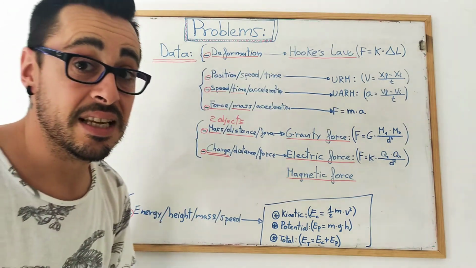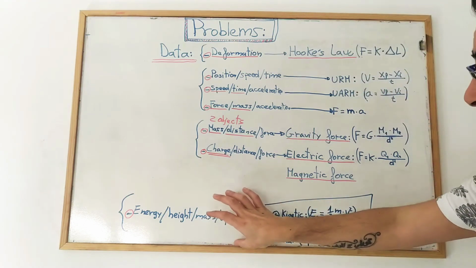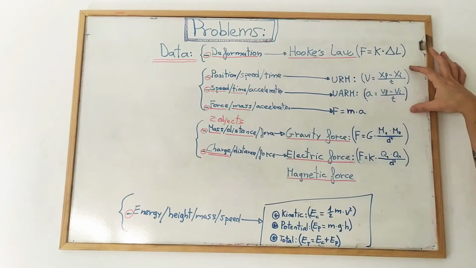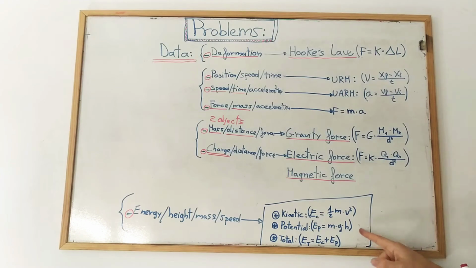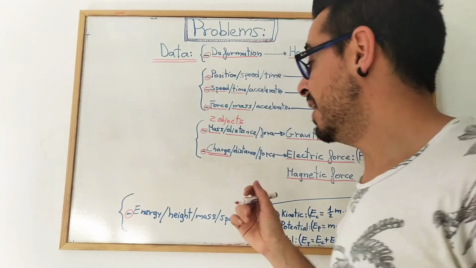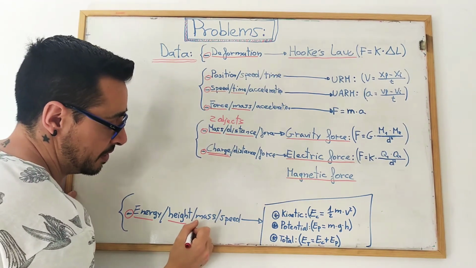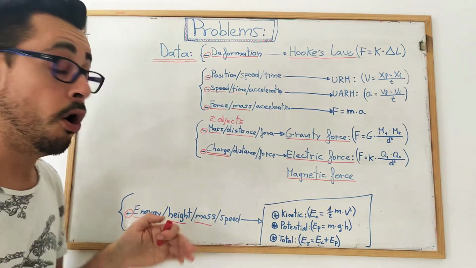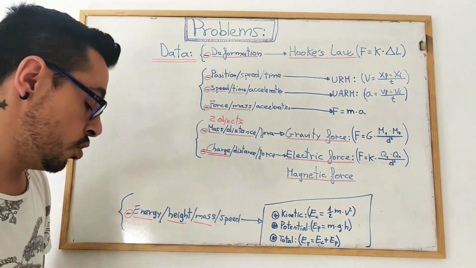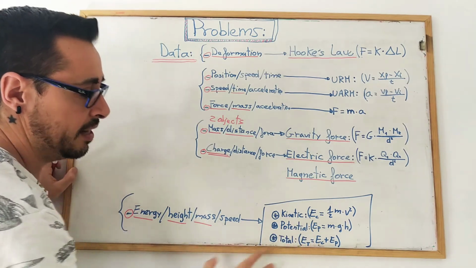It's really easy. Sometimes you have problems distinguishing energy problems from these kinds of motion problems. So you have to take into account that when you are solving an energy problem, in the data is going to be the energy or the height or maybe the mass. Or maybe the problem is asking you to calculate the energy, or kinetic energy, or the total energy.